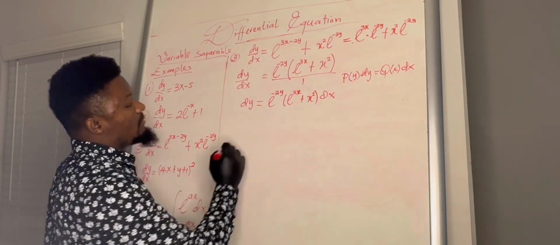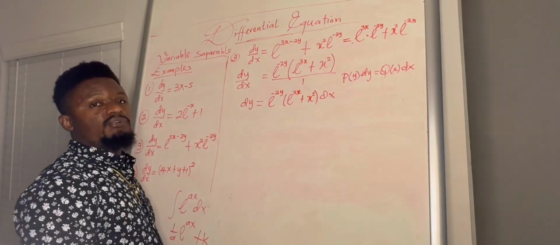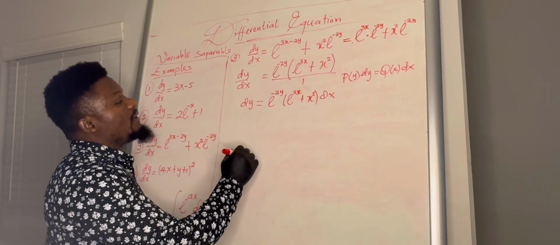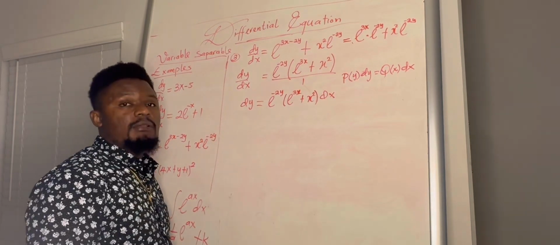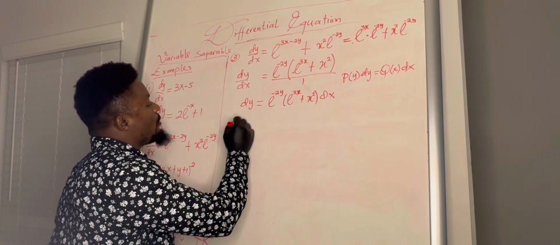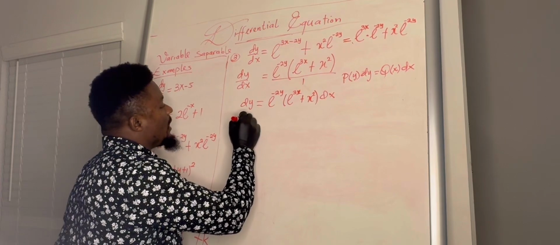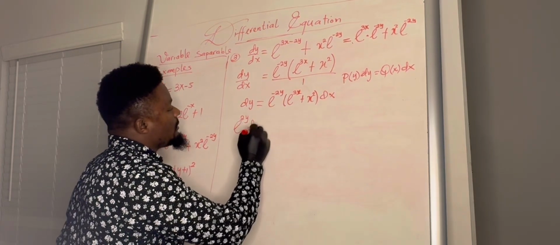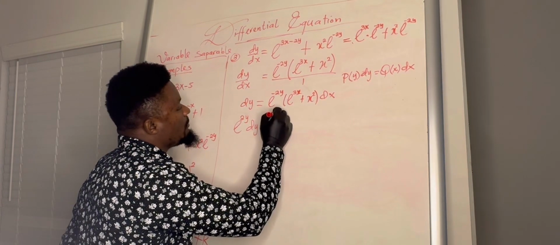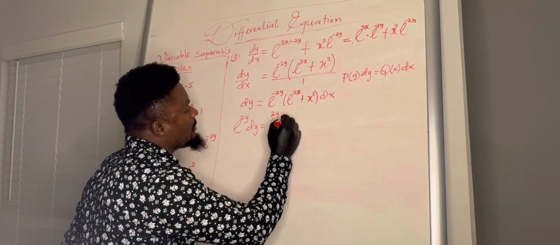We can divide both sides by expo of negative 2y. That's one way. Or we just go ahead and multiply both sides by expo of positive 2y. This is what I mean. I can multiply both sides by expo of positive 2y. And then I come here, multiply both sides by expo of positive 2y.